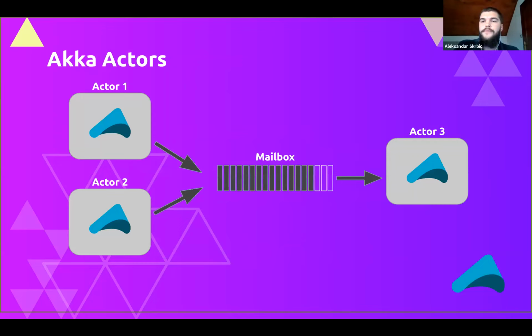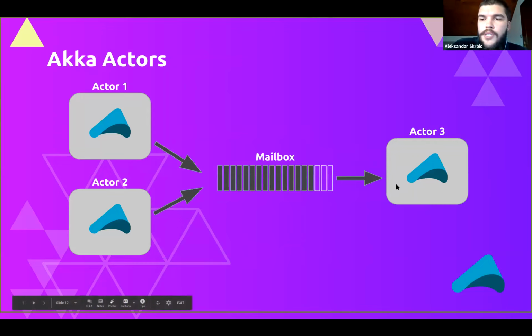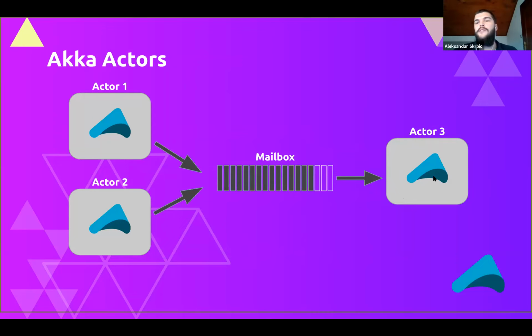So just a simple example and explanation. What is an actor? Actor is just a structure, a container for state and behavior. The state is just state, like every application has some state, and behavior, which represents the way of message handling. I forgot to say that every communication between actors is done asynchronously by sending messages to each other.